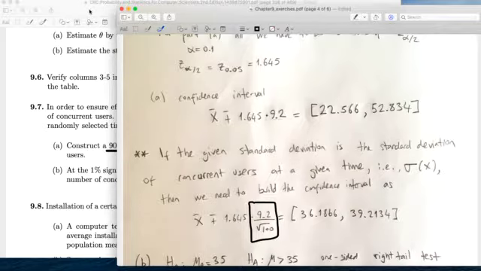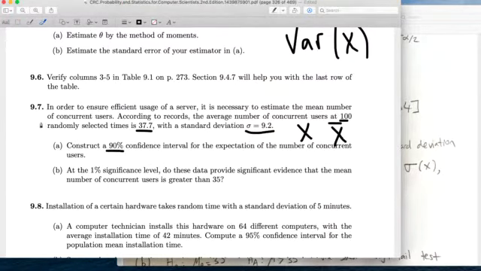All right. Now here we have a different significance level, 1%. At the 99% confidence level, do these data provide significant evidence that the mean number of concurrent users is greater than 35?